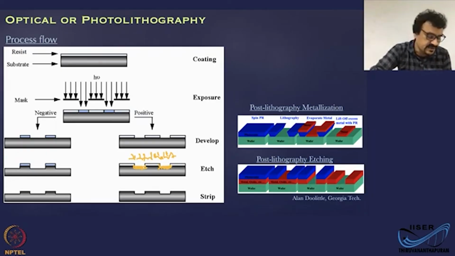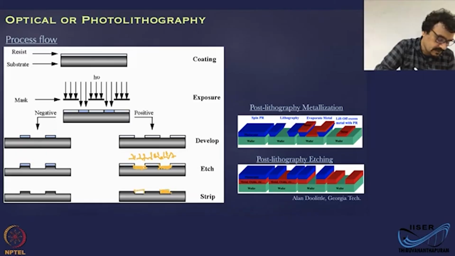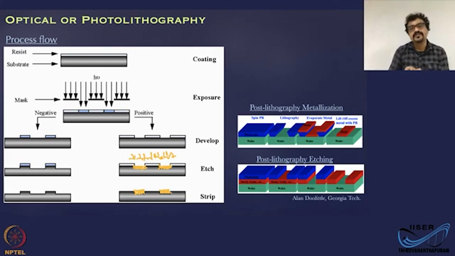Okay, and eventually you can remove or strip the polymer, and you get an etched pattern here, or if you have deposited, you get a patterned metal on top of it, or whatever material you have deposited on top of it. There are two processes. Either you can remove or you can add material onto the substrate.